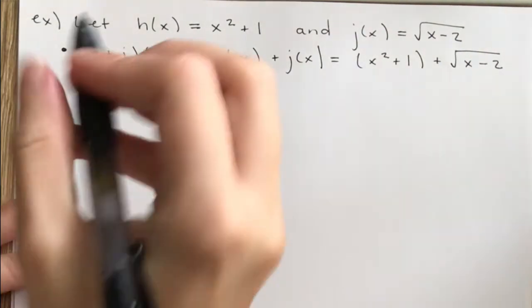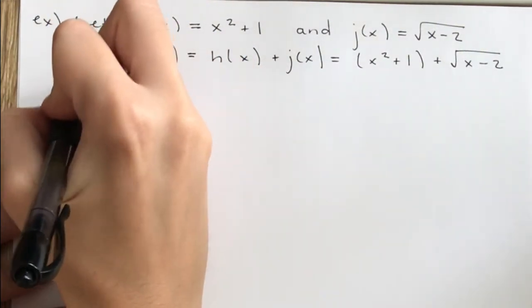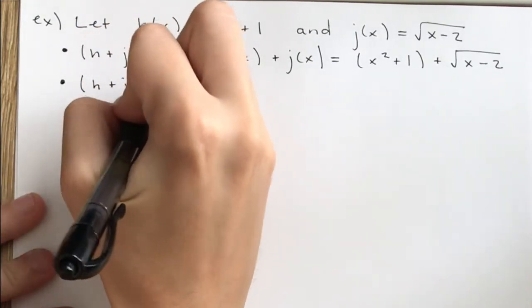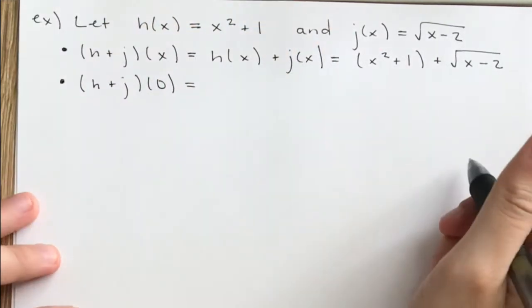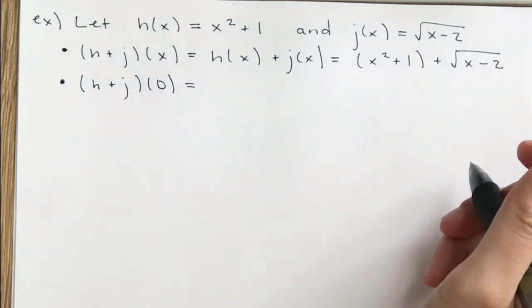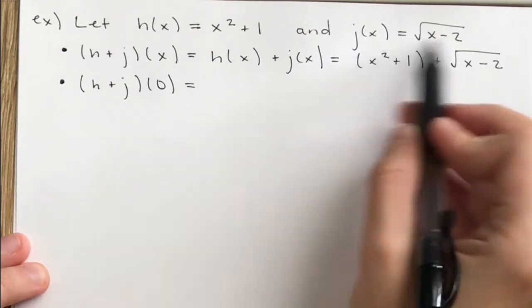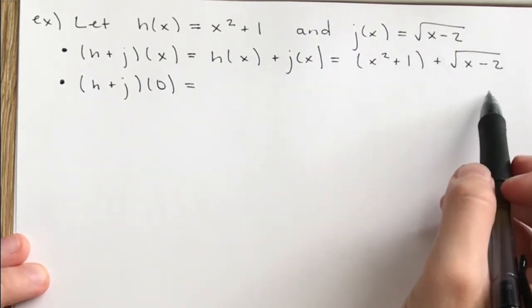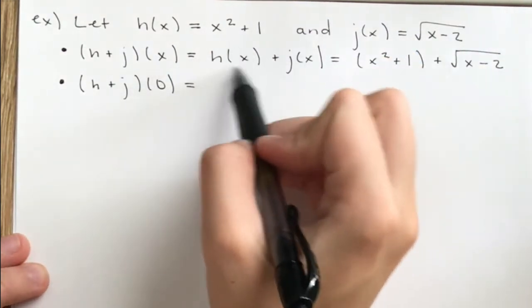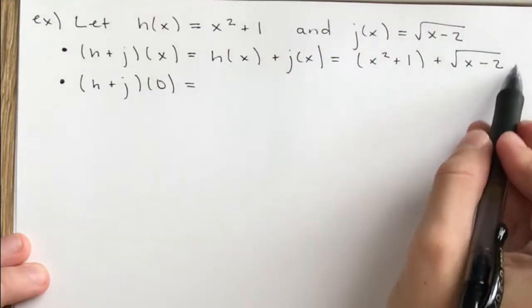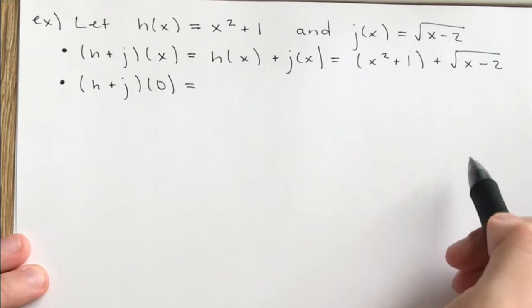What is h plus j of 0? Well, again, remember, we have two ways to figure it out. We can either plug 0 in here, or we can plug 0 into each h and j and figure out what we get. So let's try the first one first, since we have it already worked out.